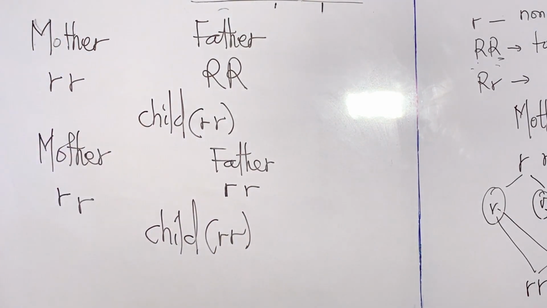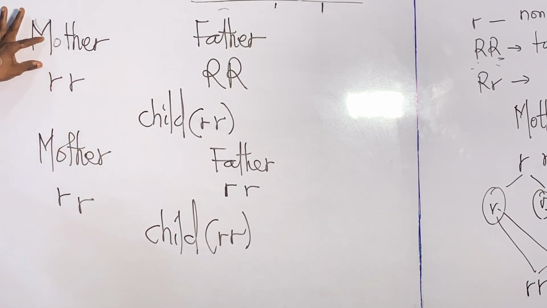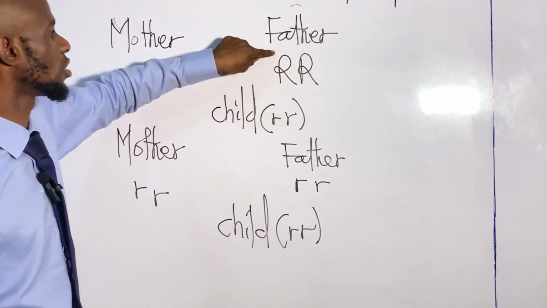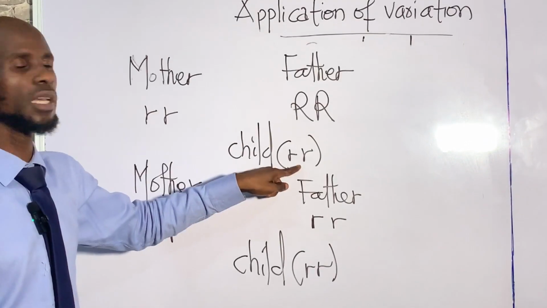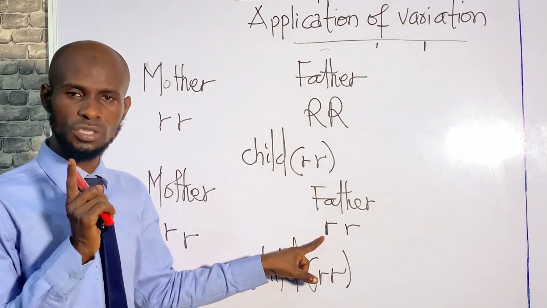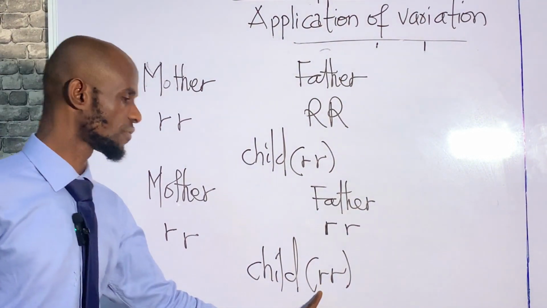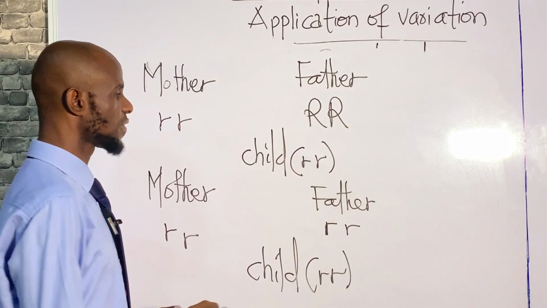So who do you think would be the father of the child? A father who is tongue roller cannot give rise to a non-tongue roller child with this mother. But the father that is non-tongue roller will only give rise to a non-tongue roller child. So this is the father of the child.